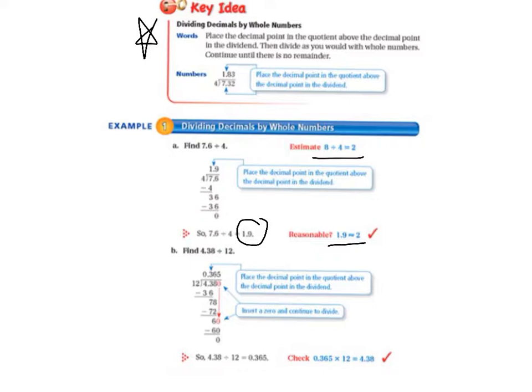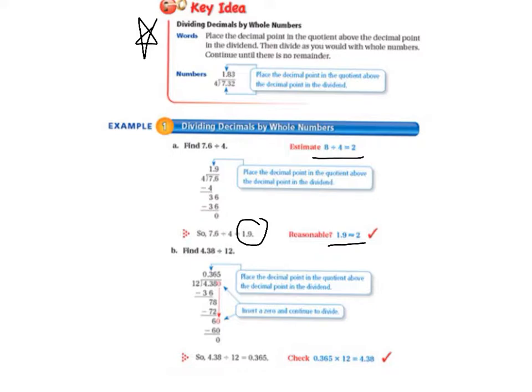And then we bring down the 8. 12 goes into 78 6 times. And 12 times 6 is 72. And so we subtract that from 78 and we get 6. And here we have to bring down a 0 because we can't leave a remainder. We aren't allowed to do R6.